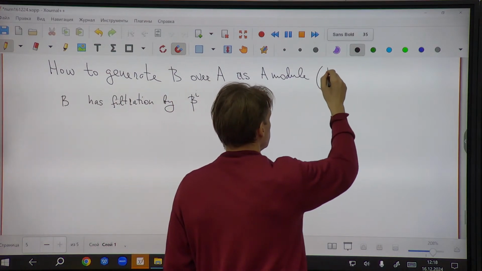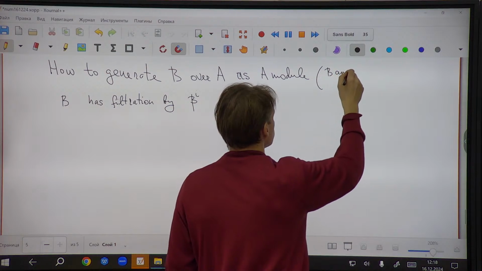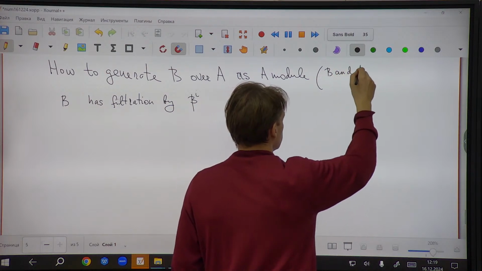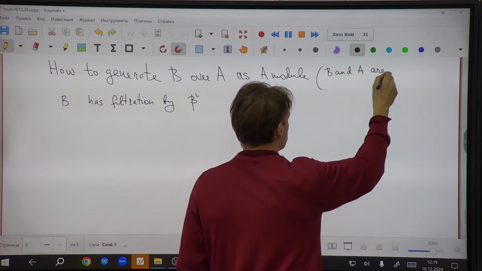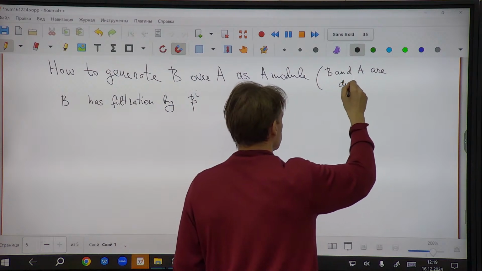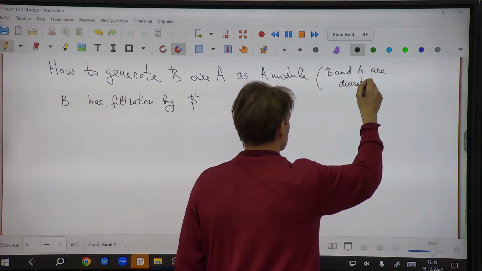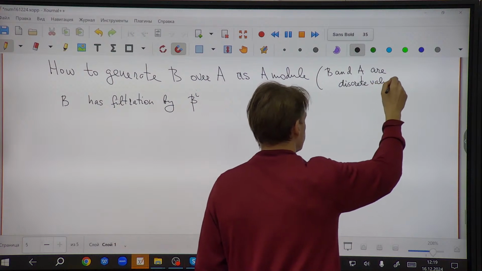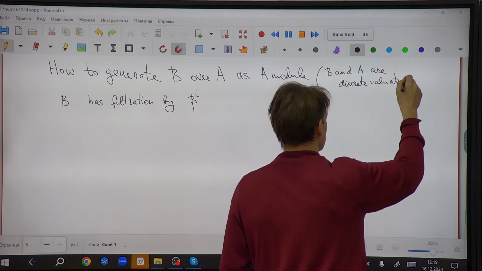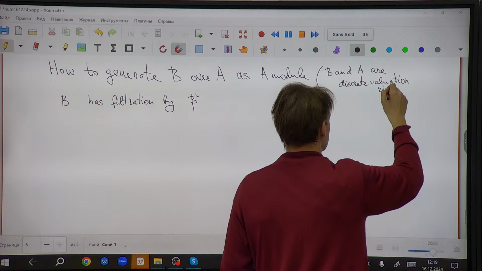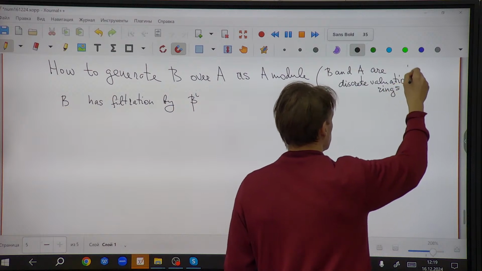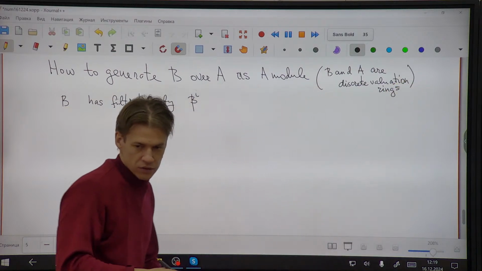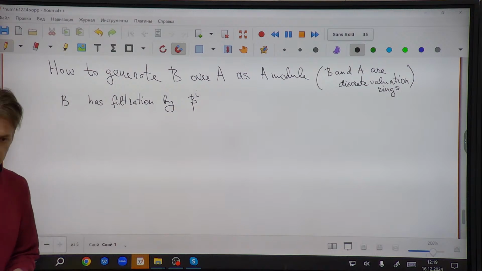Suppose that B and A are discrete valuation rings. This can be obtained by just localization with respect to the prime.